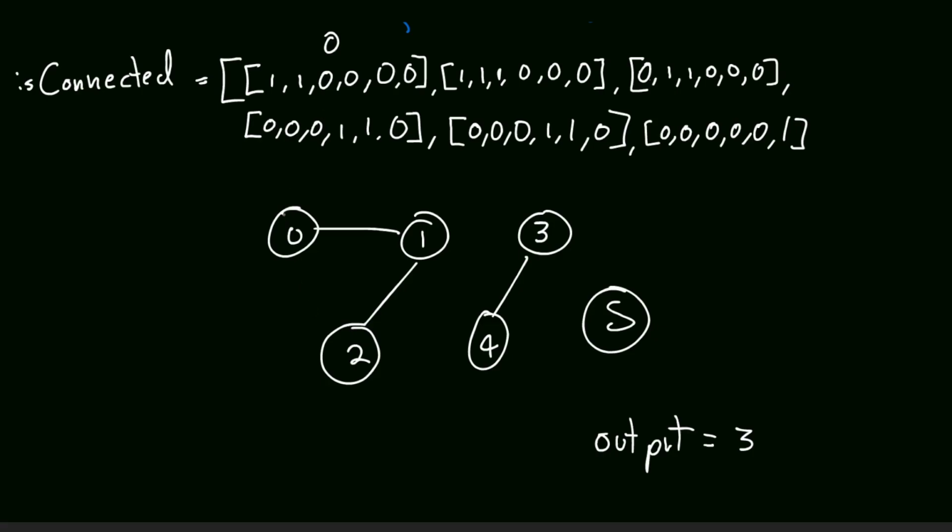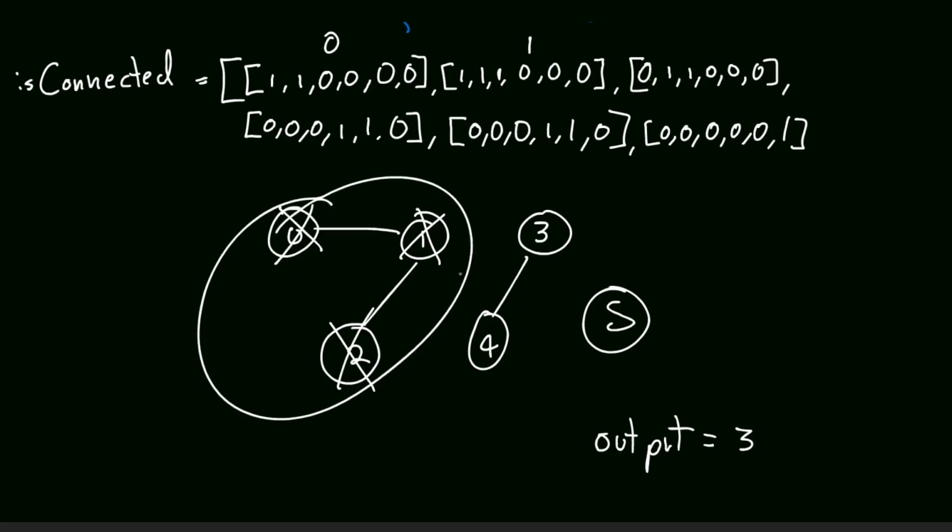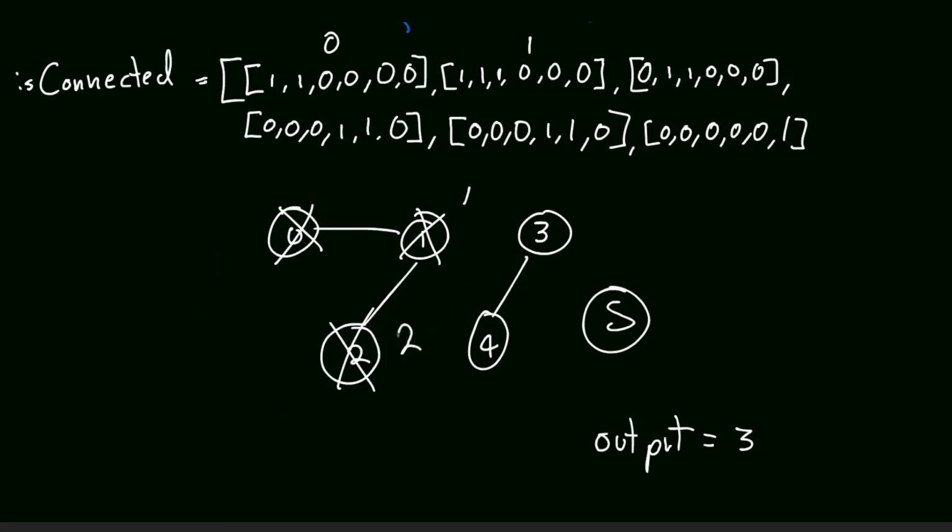If we start at city 0, then we will visit all these nodes. By the time we go to the next iteration and try to visit all the nodes starting at node 1, all of these nodes will already be in our global visited list, so we will just skip it, then skip 2 as well, until we get to iteration 3, starting at 3.